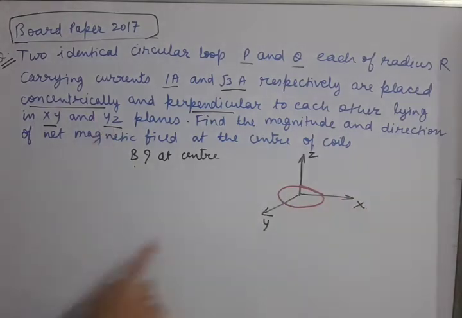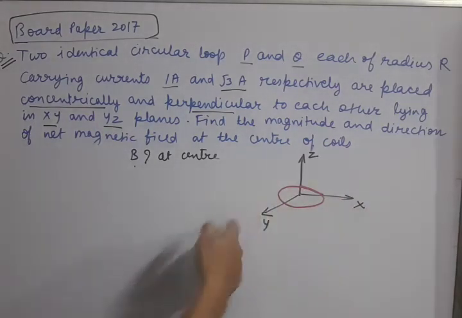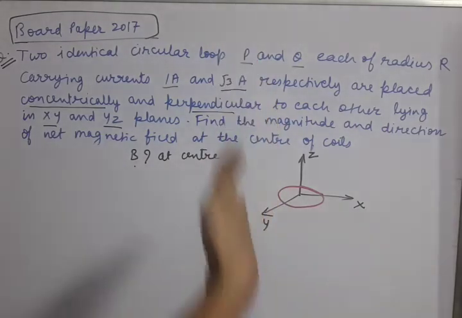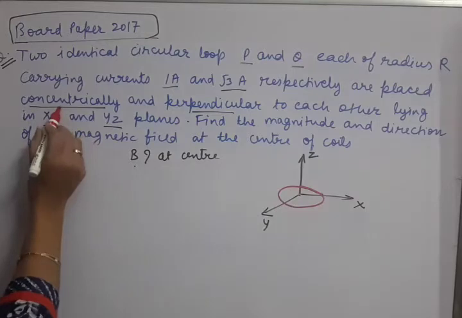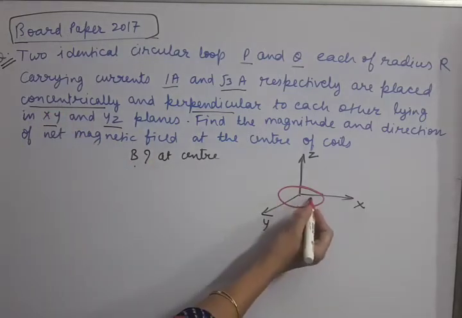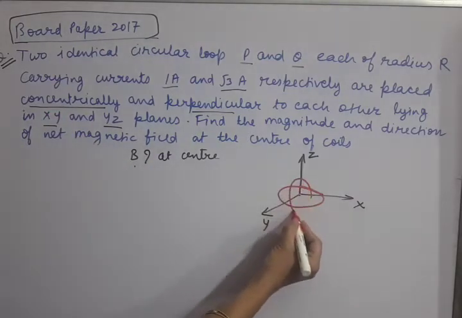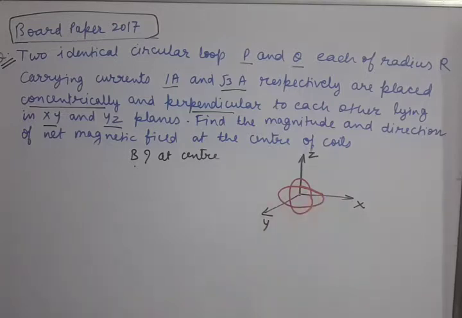After that, the YZ plane. So now we have to draw a coil vertically. The centers are common, as it is written here for both coils. So we draw one more coil this way. We have drawn two coils.